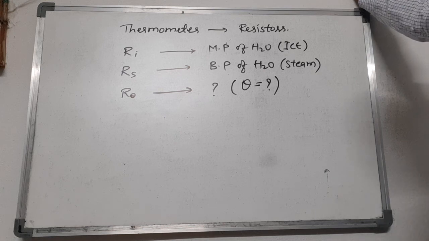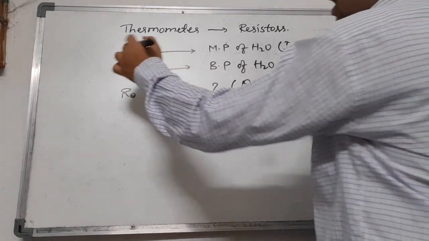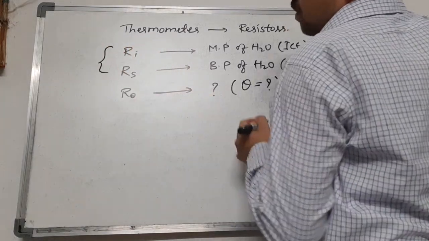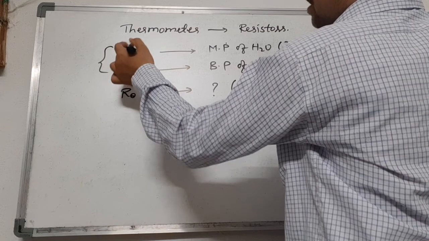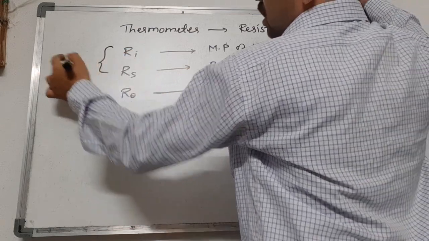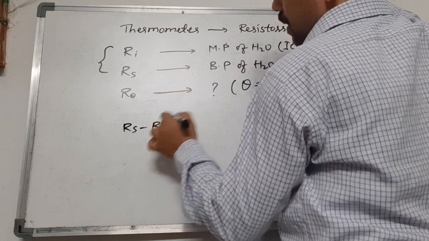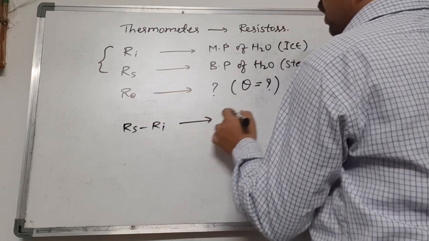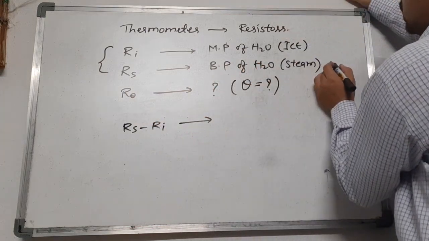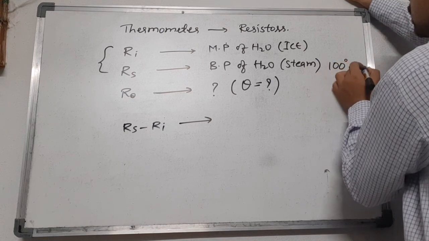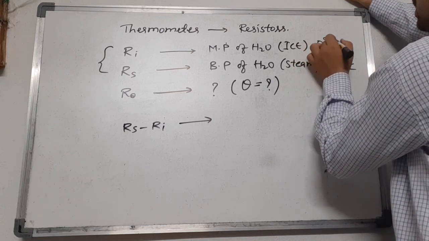First of all, we have to find the change in this resistance. The change in the resistance is Rs minus Ri. This corresponds to how many degrees Celsius? Steam is at 100 degrees Celsius. Ice is at 0 degrees Celsius.